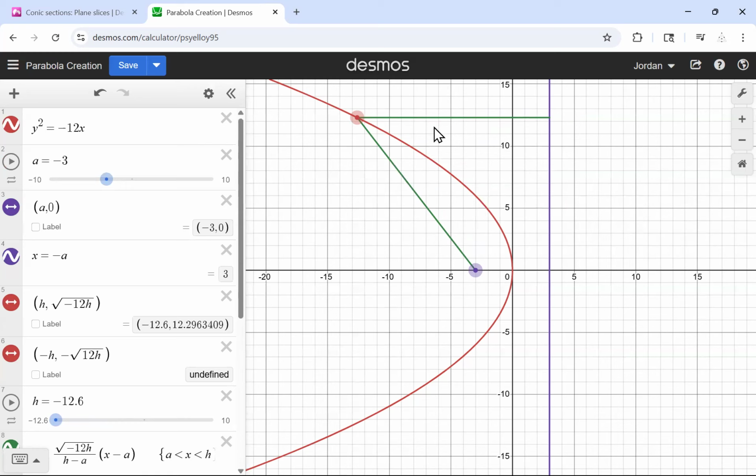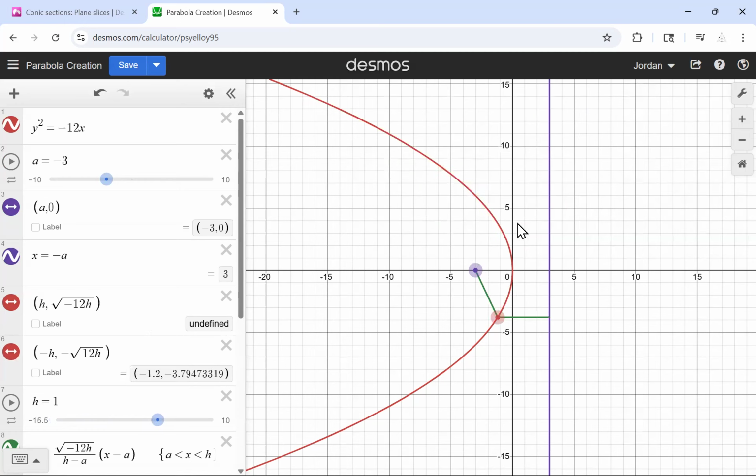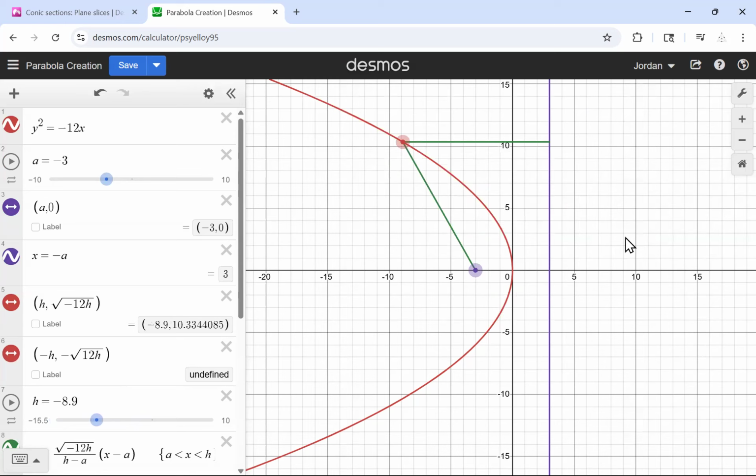So geometrically, the set of all points whose distance to the directrix is the same as the distance to the focus is going to form my parabola. So that's the idea. Always this distance is equal to this distance.